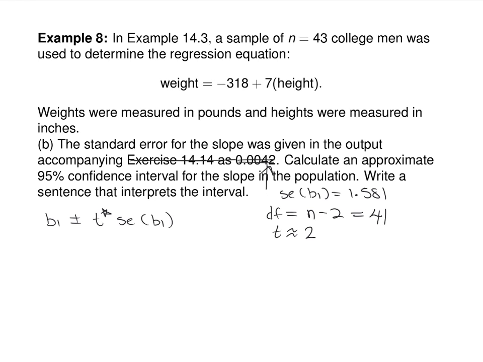So inputting those values, we have 7 plus or minus 2 times 1.581, or 7 plus or minus 3.162, or 3.84 to 10.16.